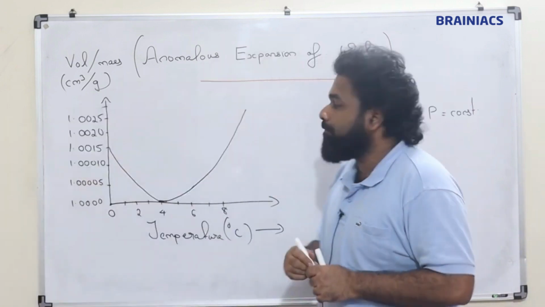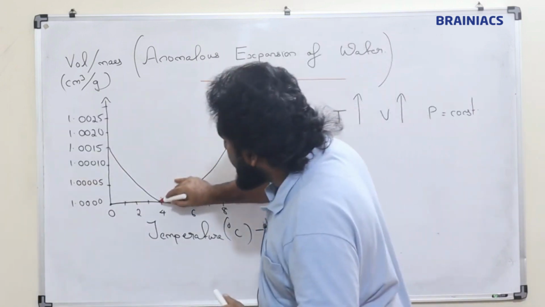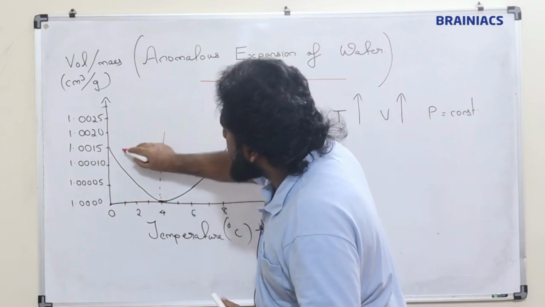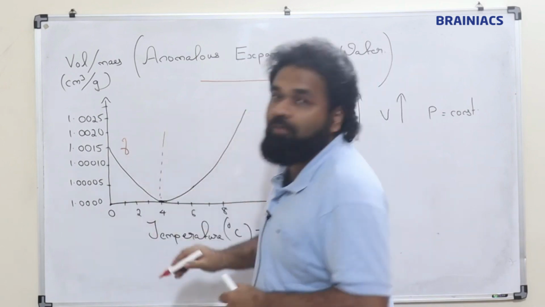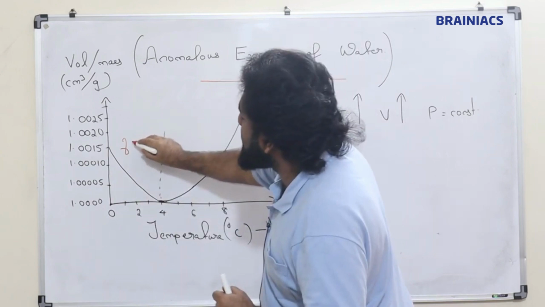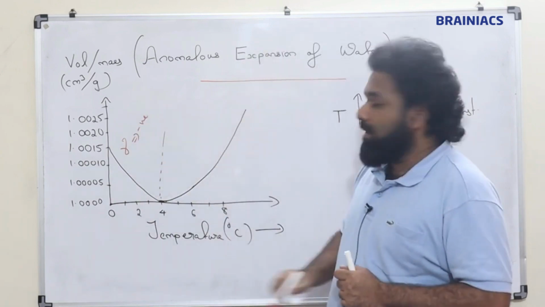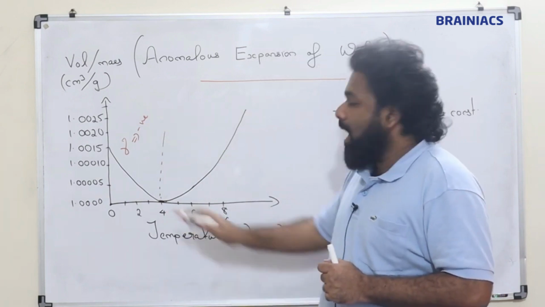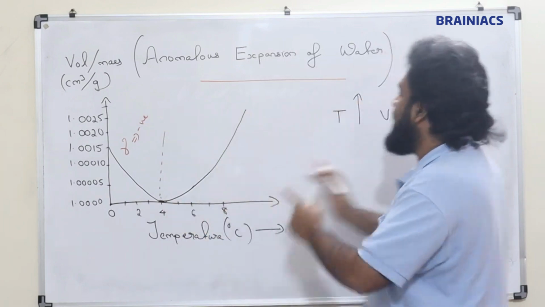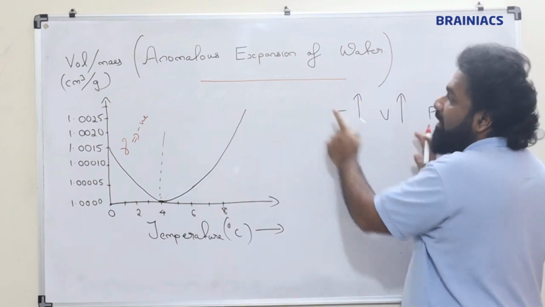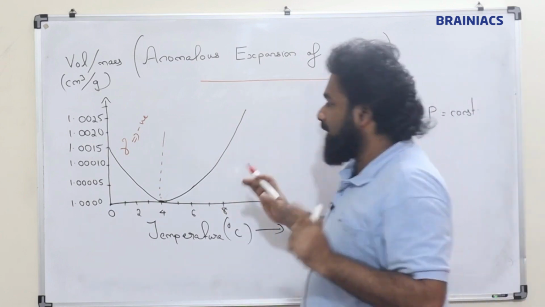Or I could say till this point the coefficient of volumetric expansion is negative. This is negative till 4 degrees Celsius. After 4 degrees Celsius, the behavior of water is just like the normal expansion of other materials.